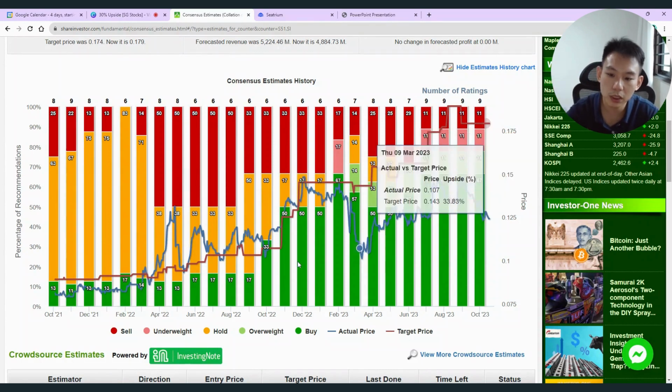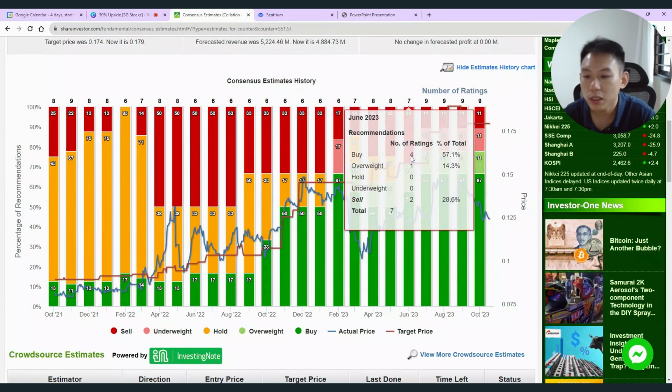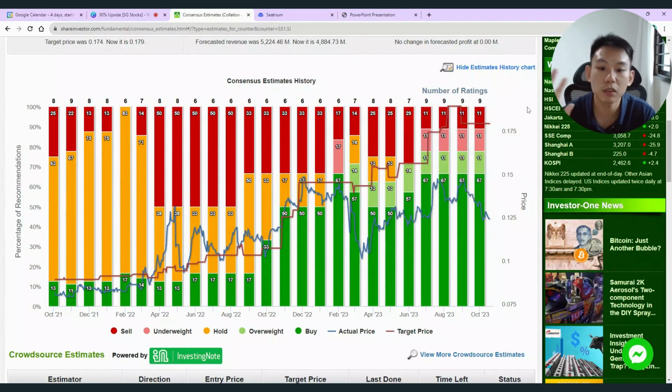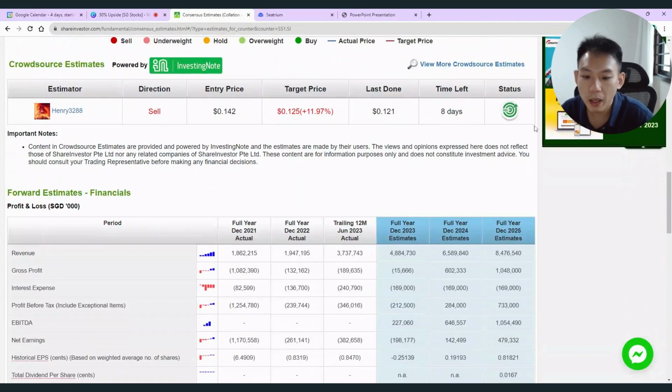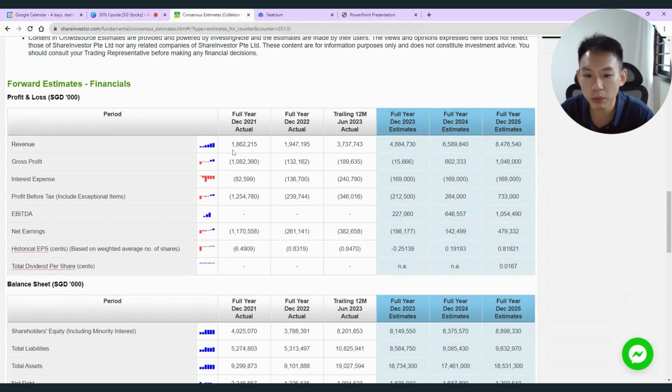Because if you were to see, the analysts are always keeping tab on Citrum and constantly increasing their target prices. So this is something that you can take note of. And moving on to their forward estimates, wow, you can see that analysts are really bullish on Citrum.